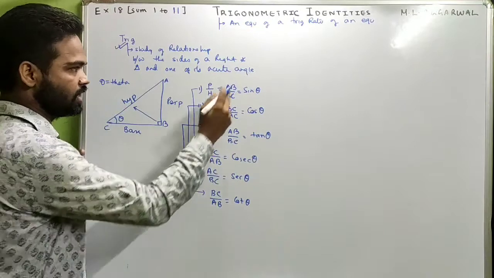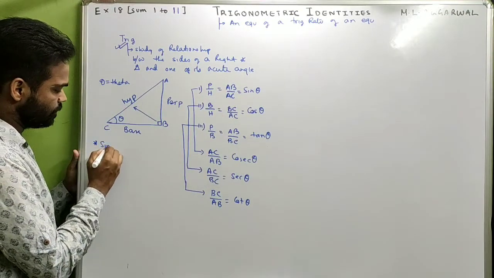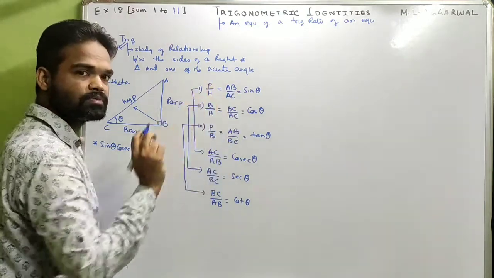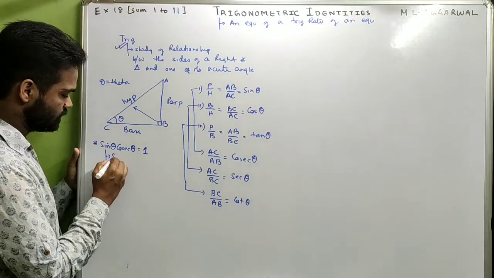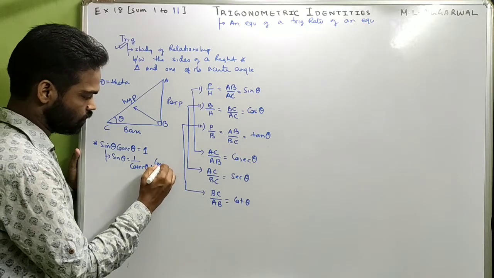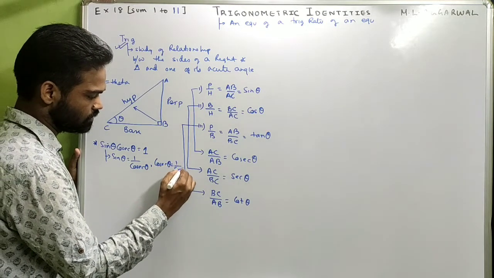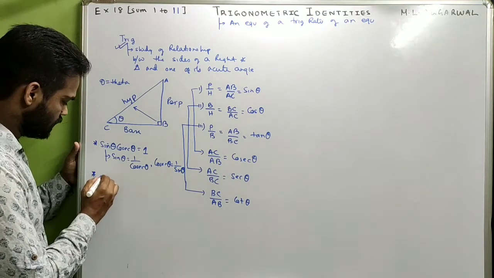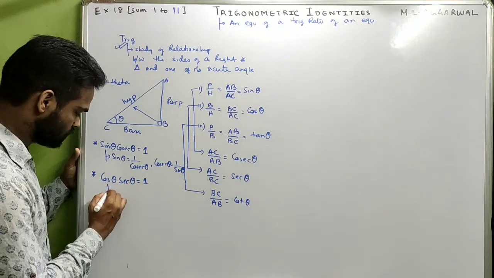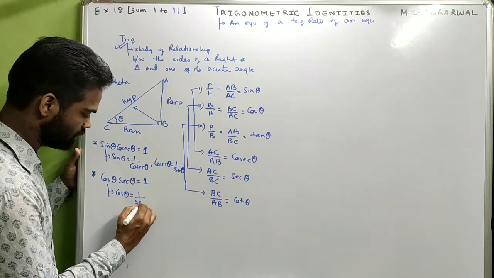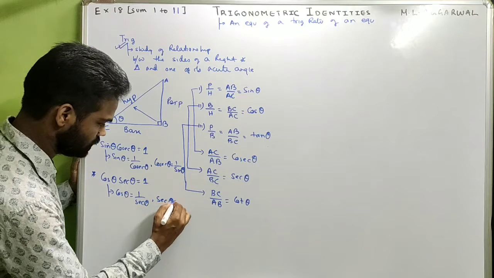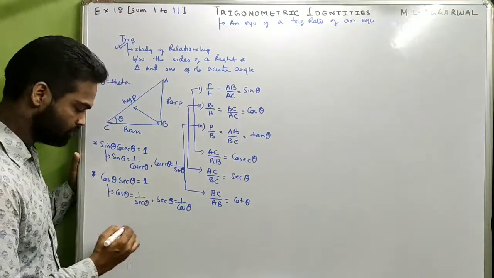This simply means if you multiply sin theta and cosec theta, you'll get 1, because cosec theta is the reciprocal of sin theta. I can write sin theta is 1 by cosec theta, and cosec theta is 1 by sin theta. Then cos theta multiplied by sec theta is 1. In this case also, cos theta will be 1 by sec theta, and sec theta is 1 by cos theta, isn't it?